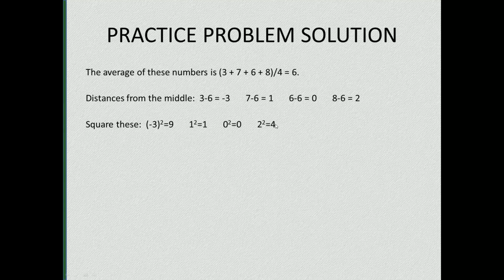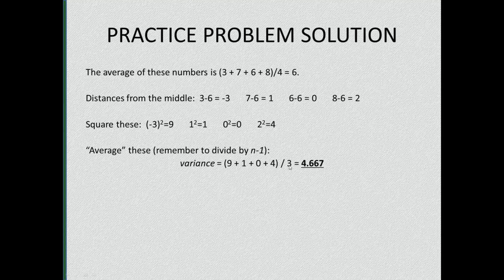Take those squared distances from the middle and average them, in air quotes. Add them up, but we divide not by 4, but by our sample size minus 1. 4 data points minus 1 is 3. That gives us a sample variance of 4 2/3.